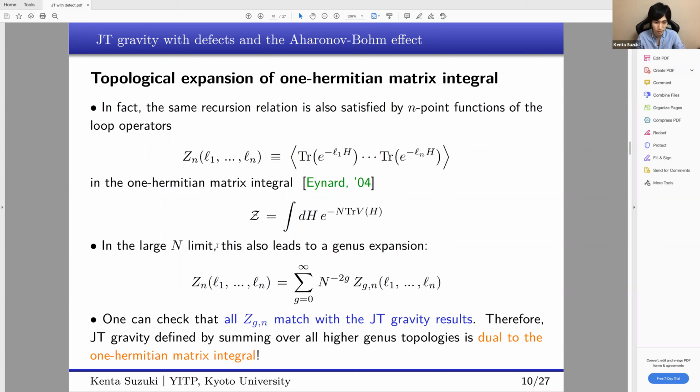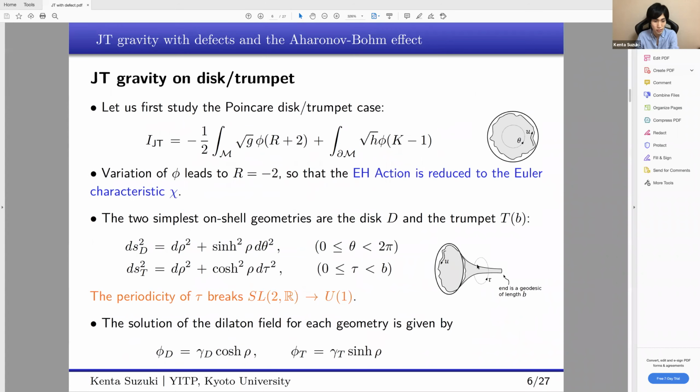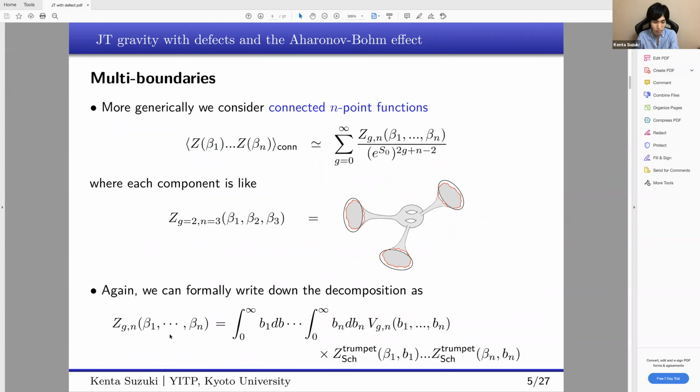In the large N limit, it can be written as this large N expansion. And each of these G_n actually matches the corresponding JT gravity results defined like here.